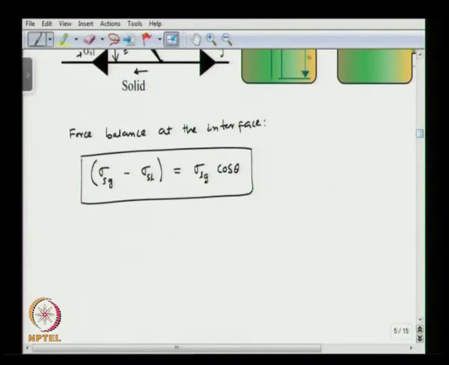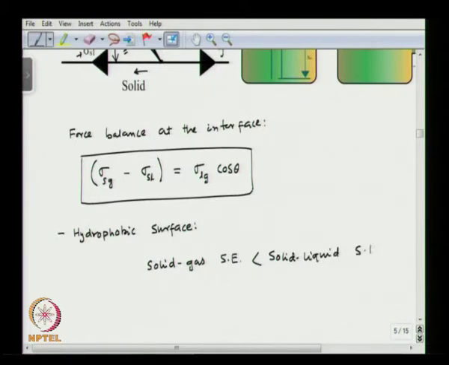So if we have a hydrophobic surface, then the solid gas surface energy is less than the solid liquid surface energy.